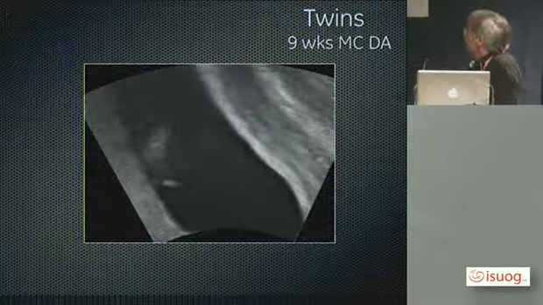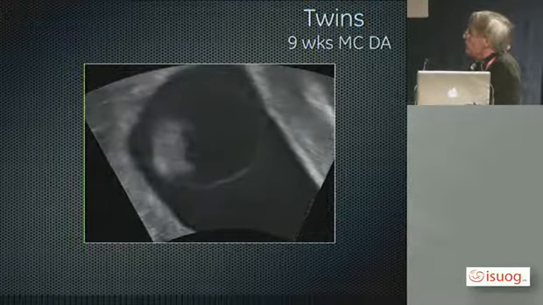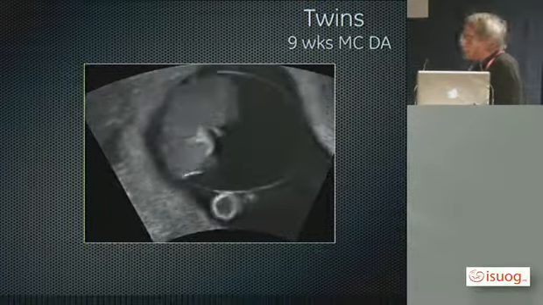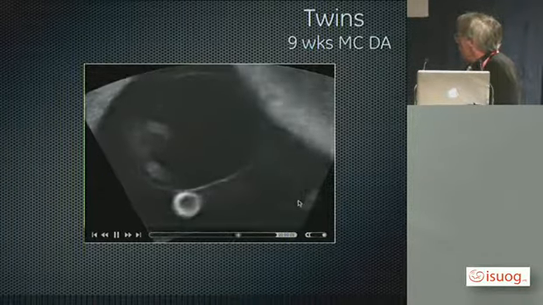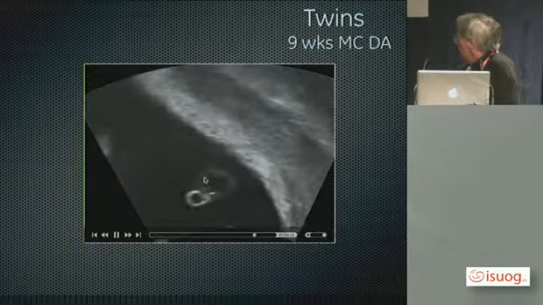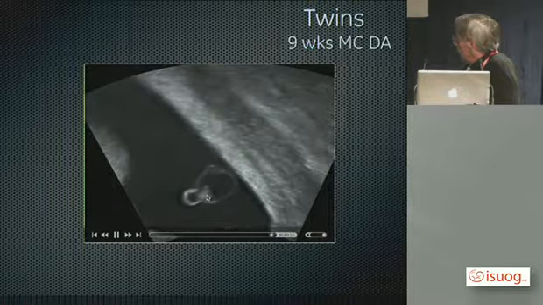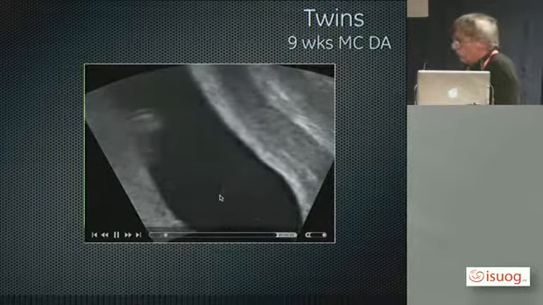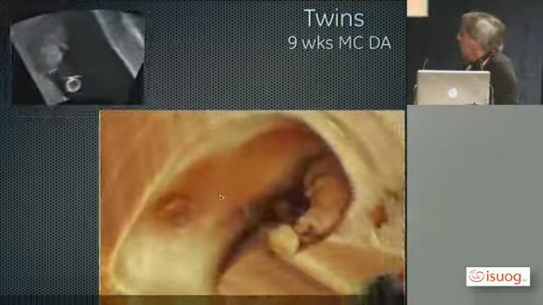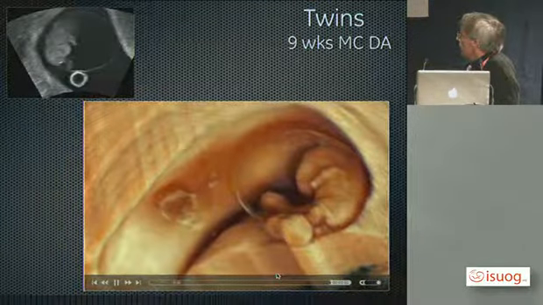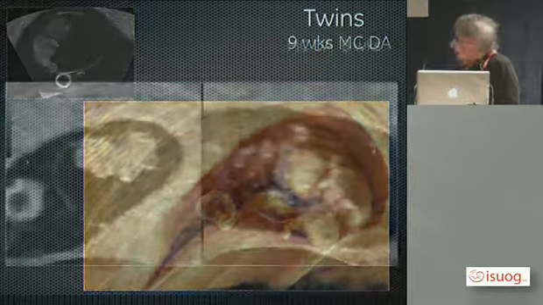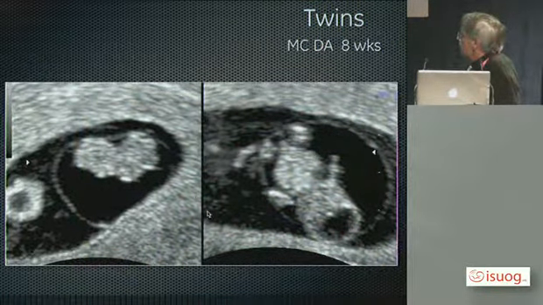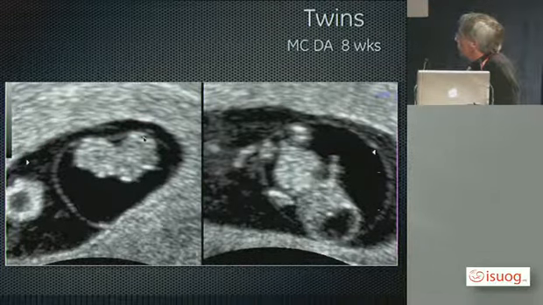Monochorionic, diamniotic, 1 is healthy, but here you have another one, the amniotic cavity without heartbeat and the yolk sac. And this is a 3D rendering. But in such a case, you have to be careful of this one, to be aware of this one.